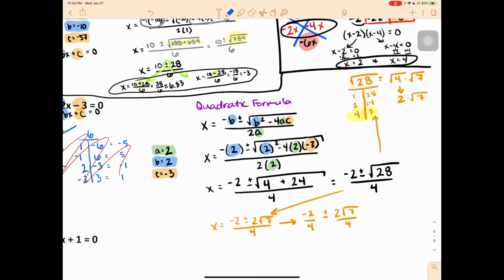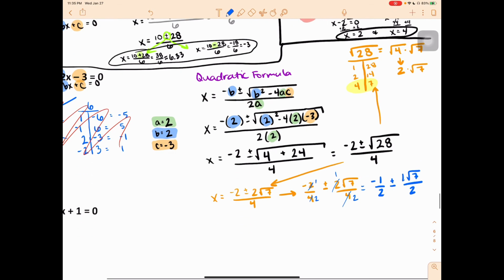Here I know these 2 are both divisible by 2, so this becomes a 1 and this becomes a 2. 2/4 is really just equal to 1/2. Same thing here, 2 and 4, that is just 1/2. So now we have negative 1/2 plus or minus 1 root 7 over 2.